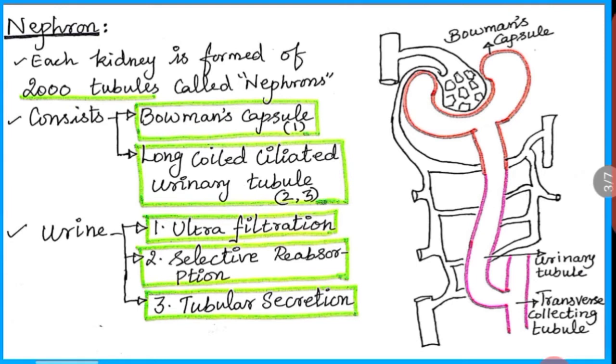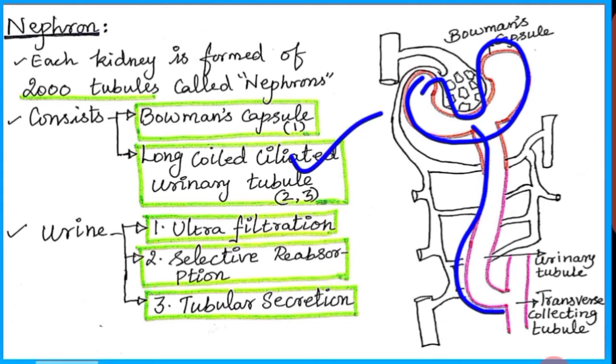Each kidney is formed of 2000 tubules called nephrons. If we take a single nephron structure, we can see this kind of structure, right? It consists of two parts: Bowman's capsule and a long coiled ciliated uriniferous tubule.